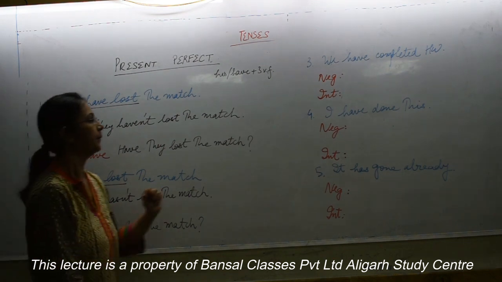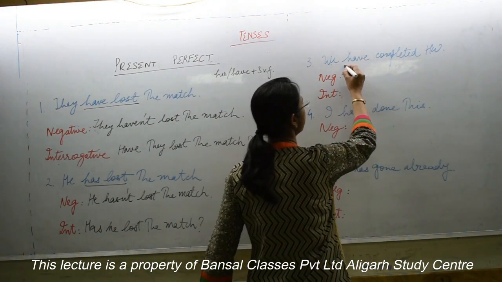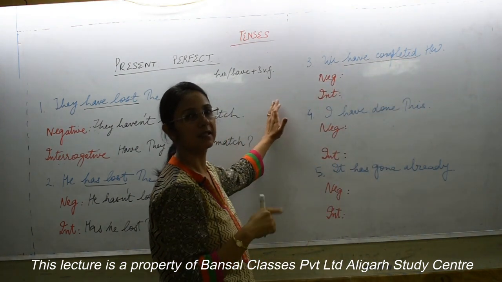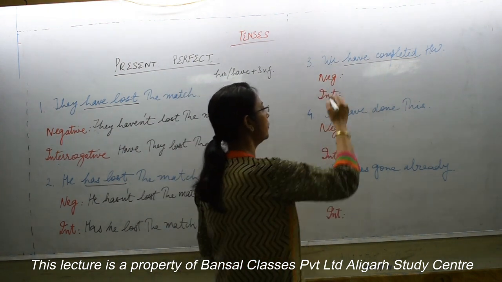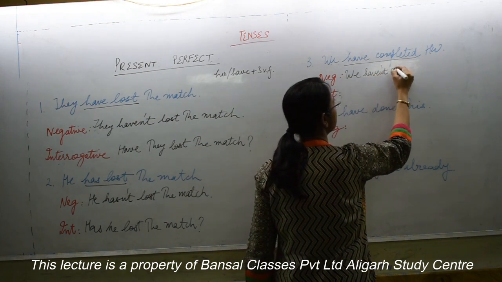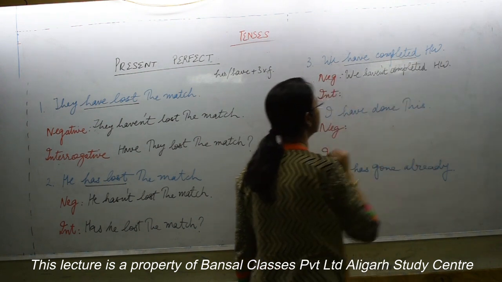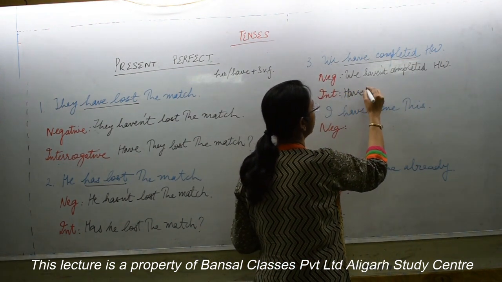Okay. Moving on to this, we have completed homework. Completed is the third form of verb, and have we'll use with we. Negative would be we haven't completed homework. Interrogative, simply have.